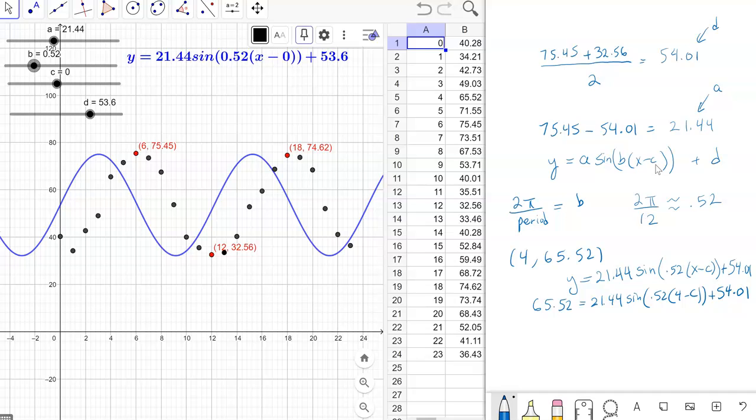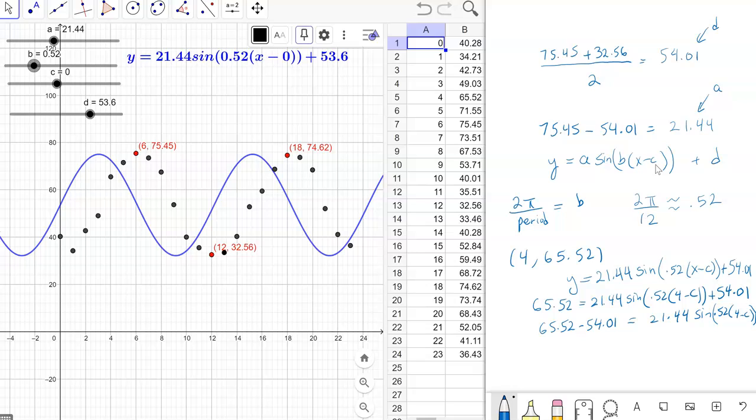So to solve that equation for c, first thing I'm going to do is subtract the 54.01. So I'm going to have 65.52 minus 54.01 equals 21.44 sine of 0.52 times 4 minus c.